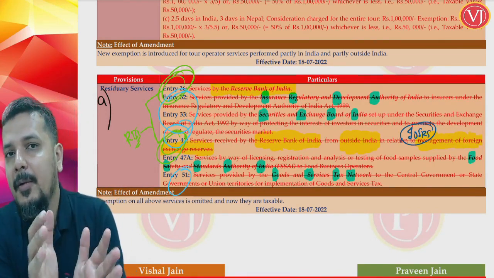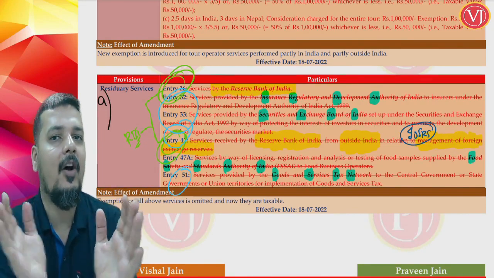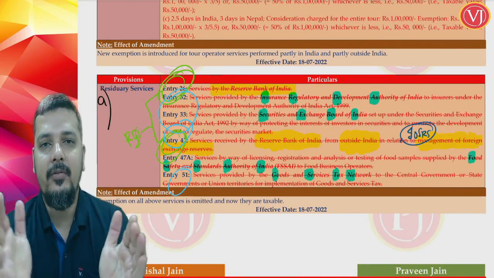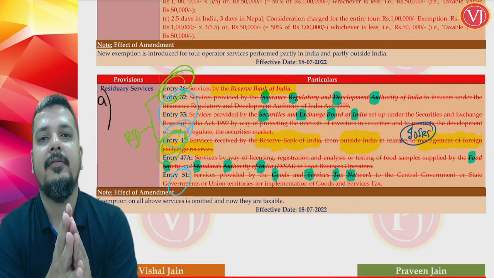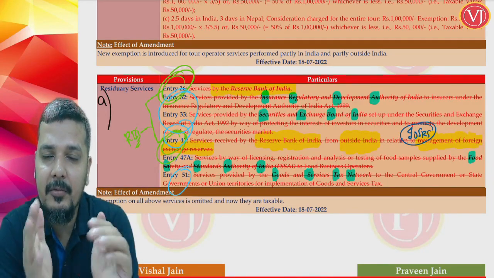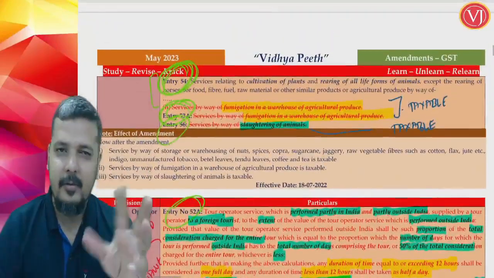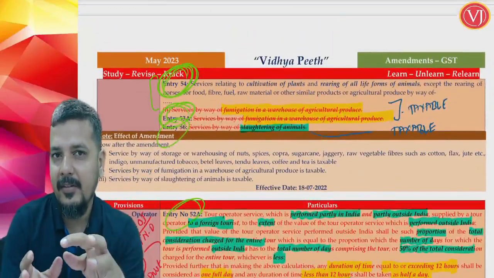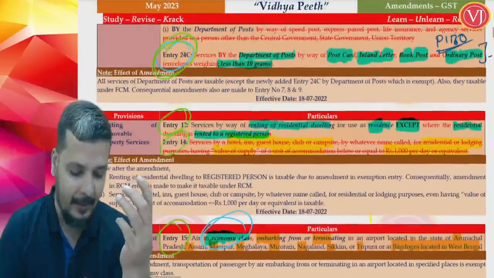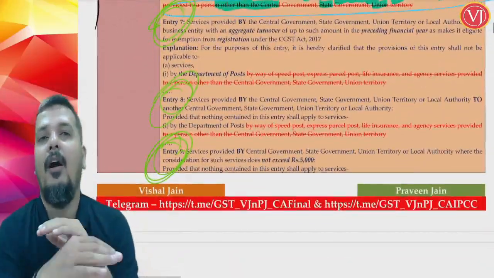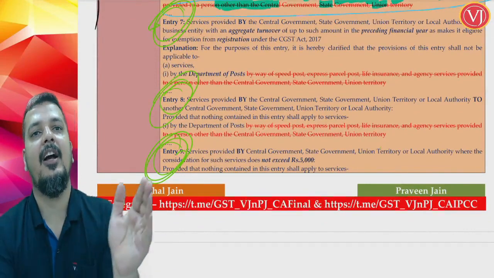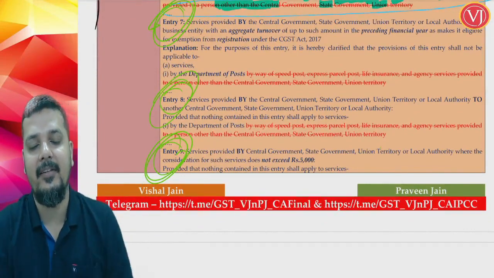If you see all the amendments that have come out in the exemptions, you will find one common point: government has reduced the exemptions and increased the taxability. Whether you talk about residential services, agricultural services, healthcare services, port services, transportation of goods, transportation of passengers, renting of immovable property or government services, government has decreased the exemption scope and increased the taxability.